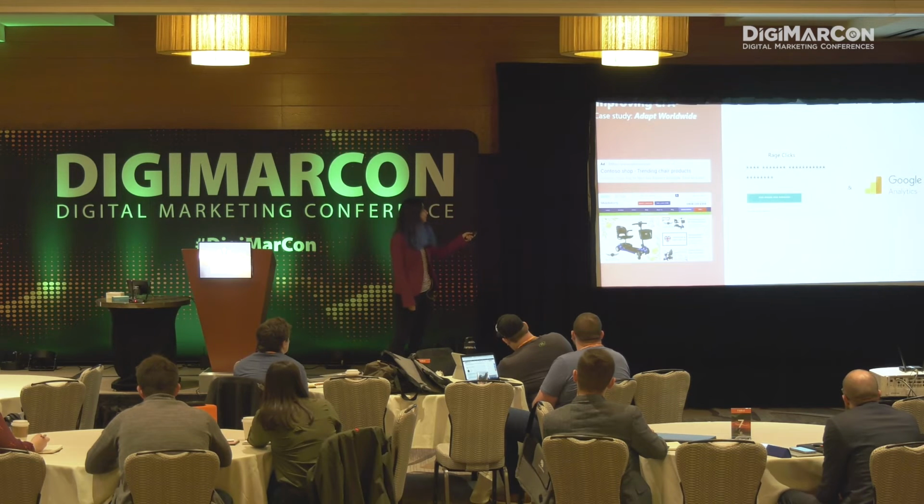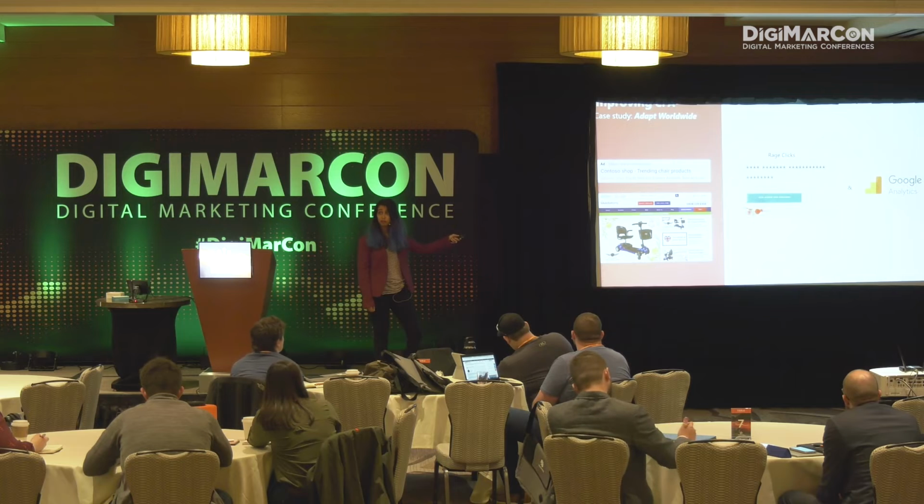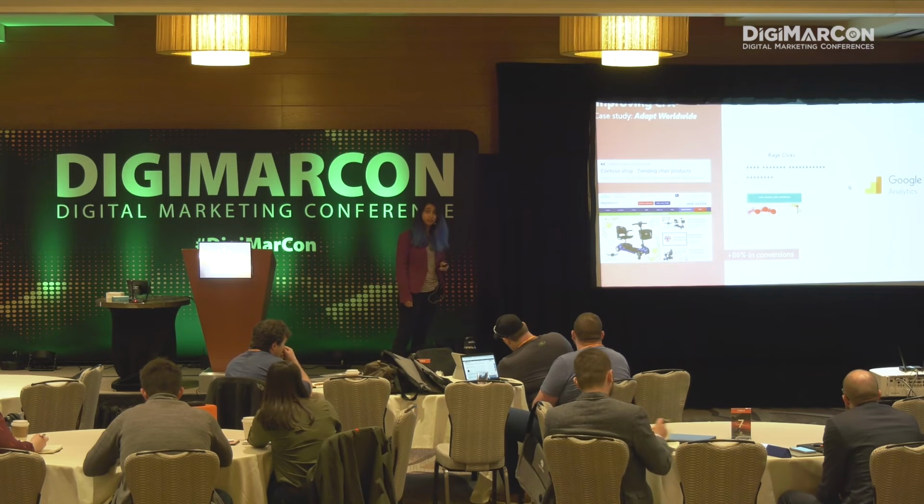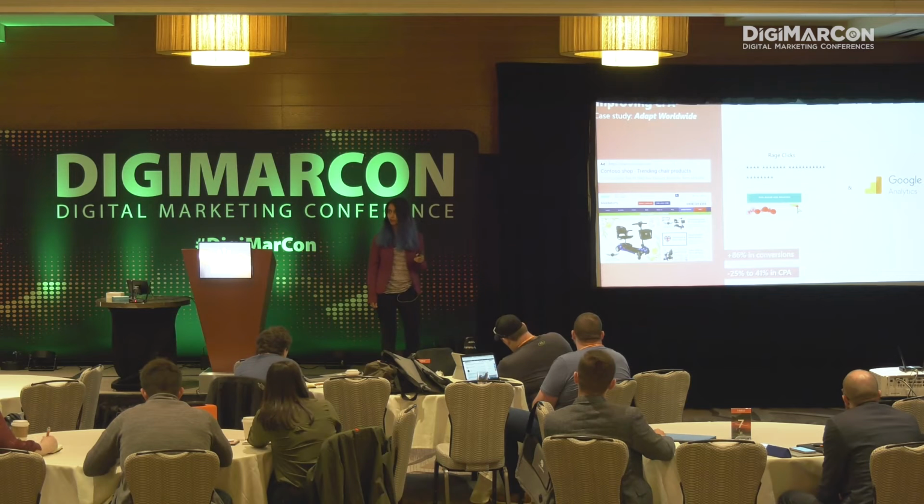And what they learned was a lot of customers that are coming through the ad campaigns were seeing a broken experience, meaning click-throughs were not going anywhere. No clicks, no conversions. When they learned this, they made some changes. 86% in conversions and up to 41% decrease in cost per acquisition.